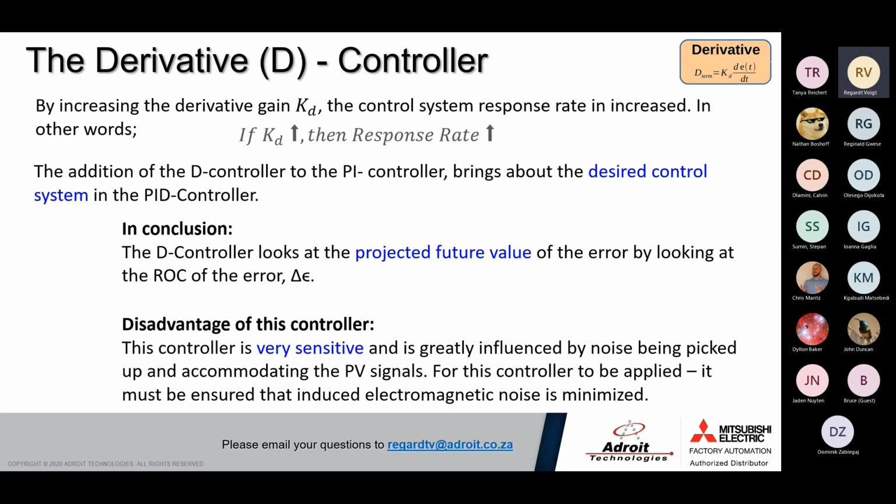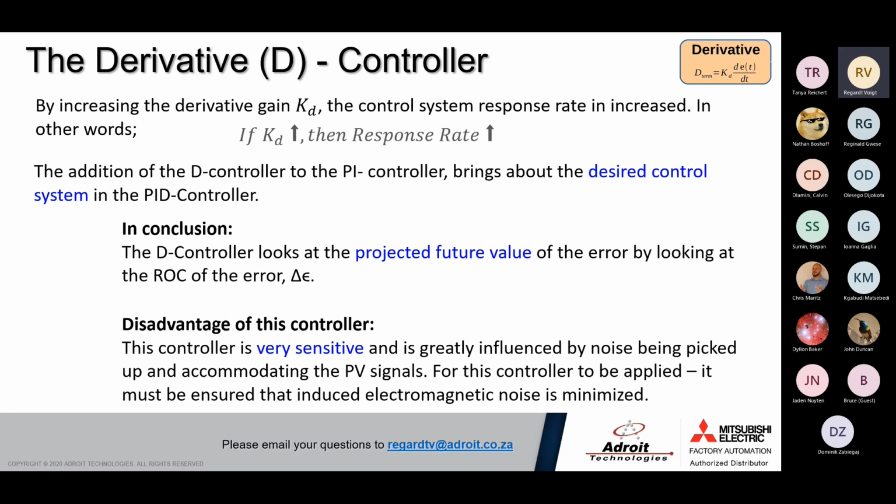Now, theoretically, obviously, everybody wants the fastest response rate, the fastest sampling rate of errors. And theoretically, that's a good thing. Practically, the faster your response rate, the faster your error correction, meaning that the more your actuator will work.